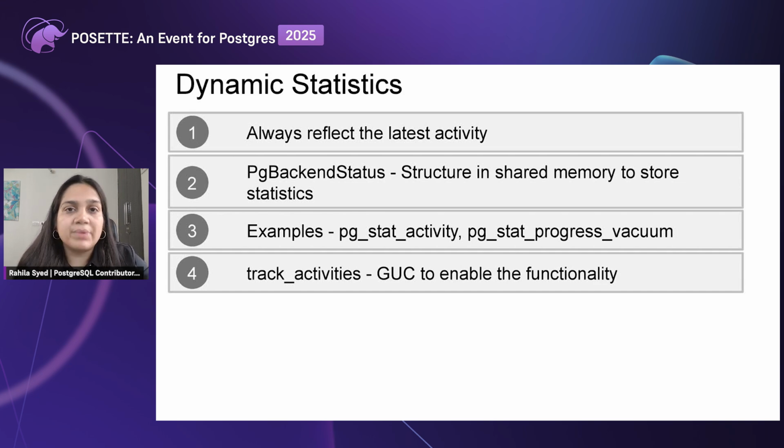All these counters are updated instantly in the shared memory if the GUC track_activities is set on. These statistics are stored in a structure called PgBackendStatus in shared memory.